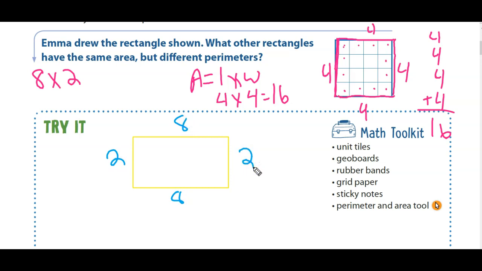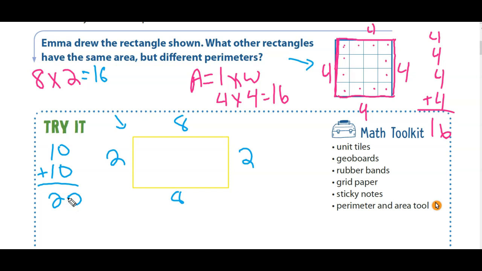So my area for this particular one right here would be 8 times 2 is 16. So we have the same area as this one right here. But we have a different perimeter, because if I add all of them, 8 plus 2 is 10, and 8 plus 2 is also 10, and 10 plus 10 is 20.